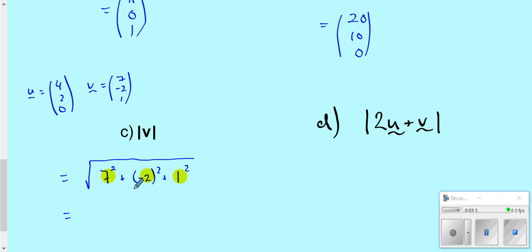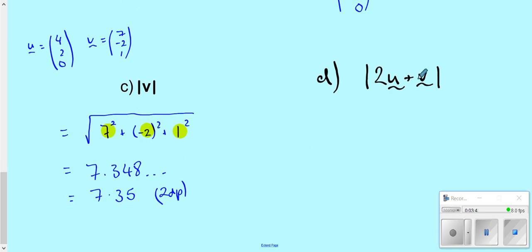Negative 2 all squared plus 1 squared, and it will come out as 7.348... which is 7.35, and I've rounded that to 2 decimal places. Okay, you get to choose what you round to. I always recommend 2 decimal places if the question doesn't say. Again, make sure you're always checking to see what the question says first.